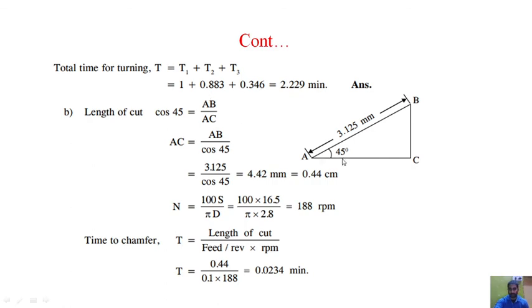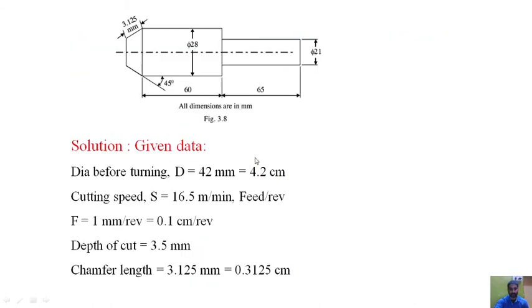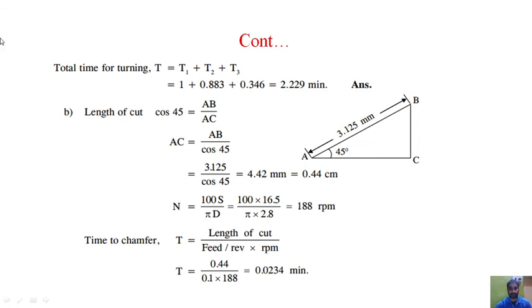AC, the actual length of chamfer is AC here. From this triangle they have given the length of AC, we need to find out the length of AB.